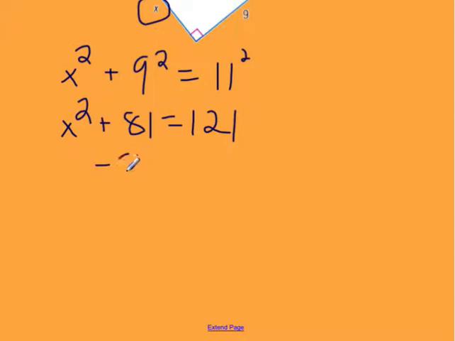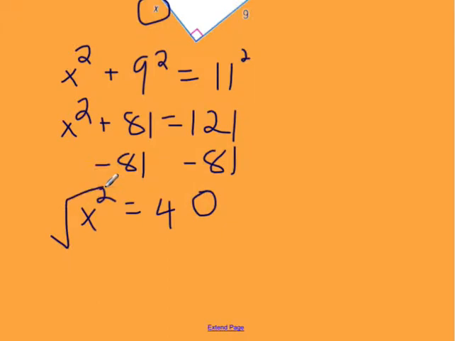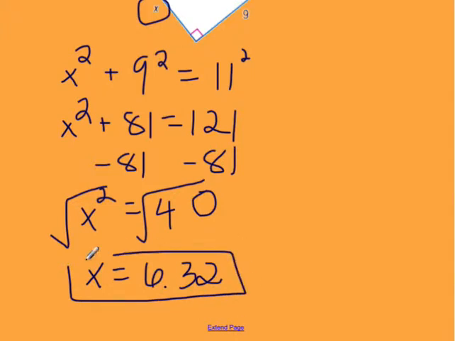So now I'm going to subtract 81 from both sides, and then I get 121 minus 81, which is going to give me 40. And then to figure out what x is, because I don't want to know what x squared is, I'm going to take the square root of both sides. And then I get 6.32. So 6.32 is my final answer for number 3.